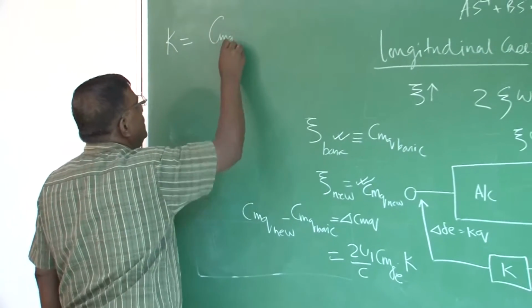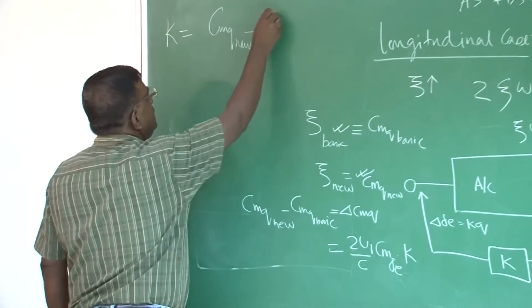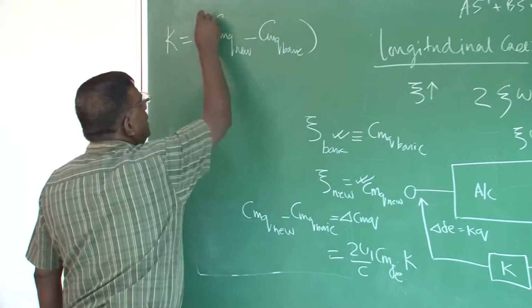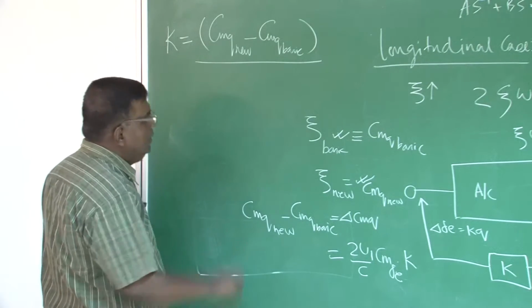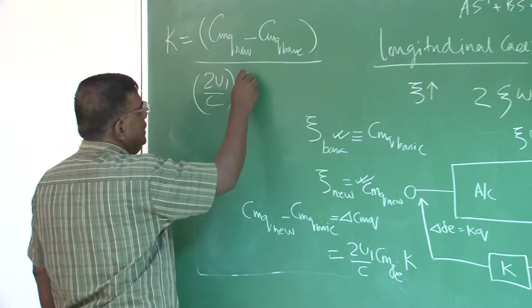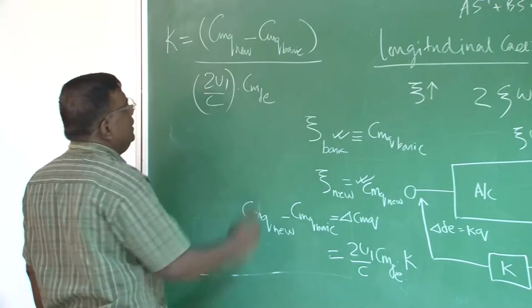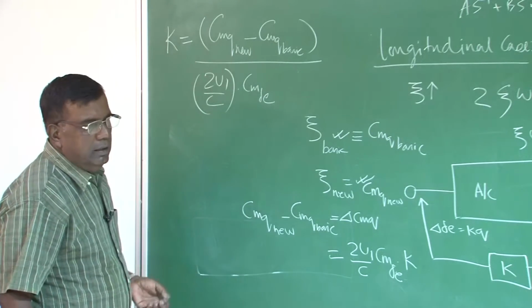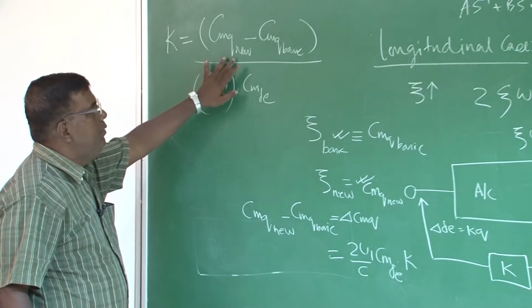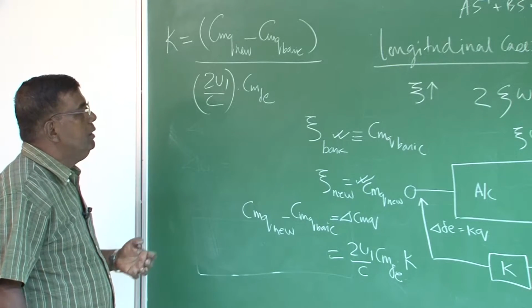or I can write K equal to CMQ nu minus CMQ basic divided by 2U1 by C into Cm delta E. The CMQ nu, many textbooks will call CMQ required. Okay. I purposely put CMQ nu so that you know that.